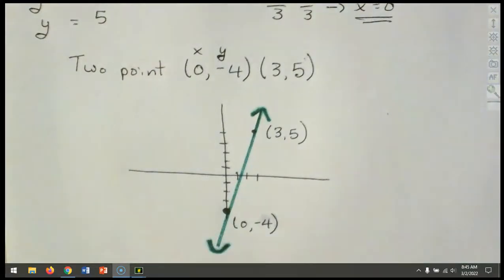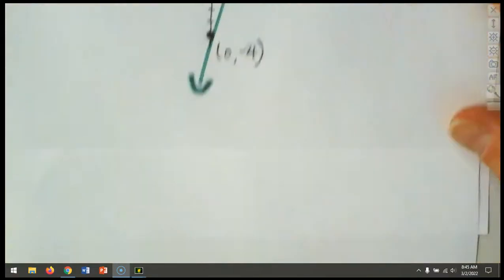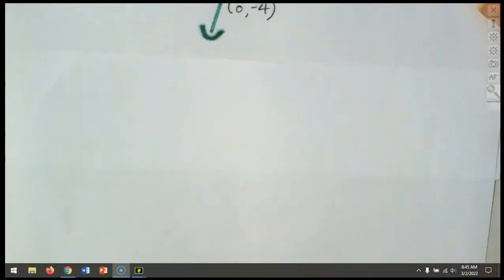Let's do another one where we graph the line, and we're going to find the intercepts. So we need to talk about what intercepts are. So I'm going to visually show you what intercepts are in terms of the graph first. So when we talk about intercepts, the intercepts are going to be where our graph touches the axis.